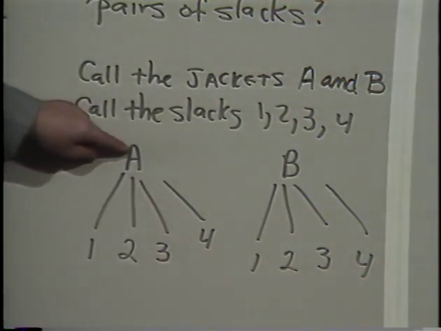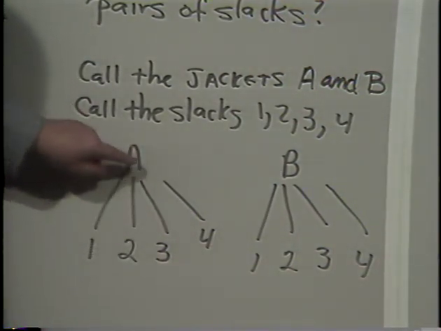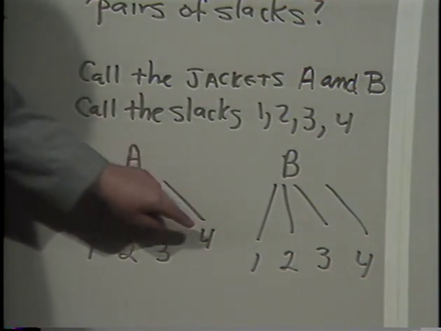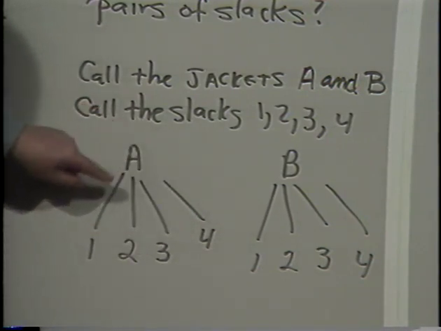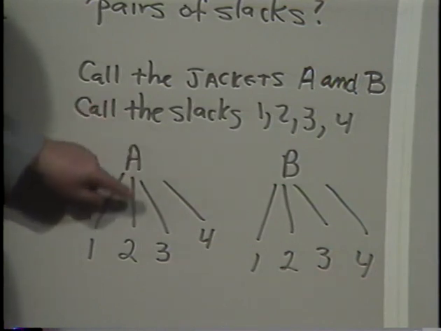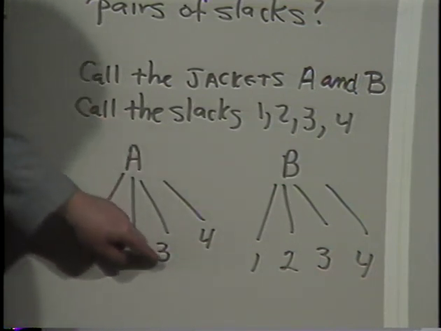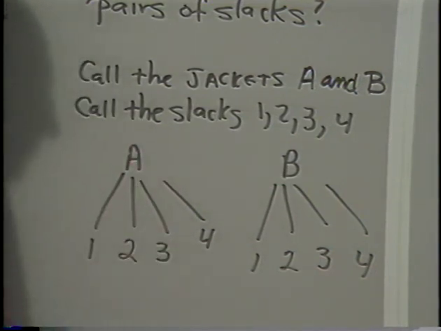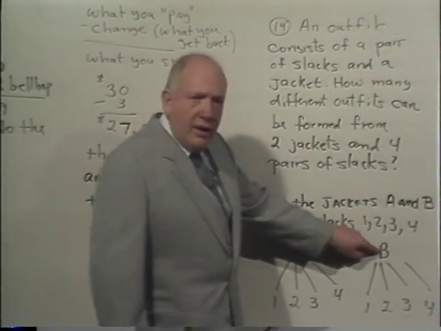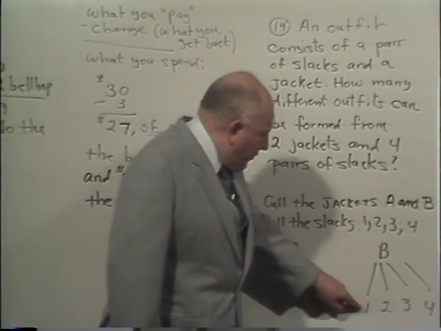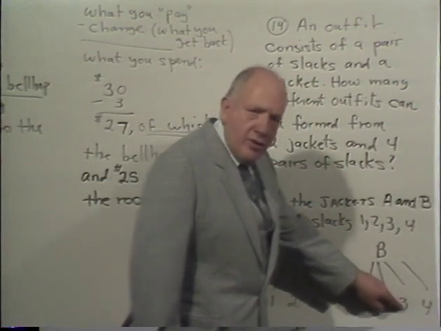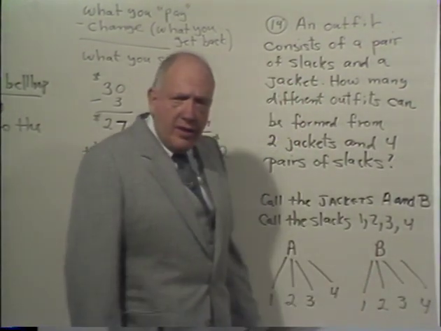Do you see how to read these? A1, A2, A3, A4, right? The first jacket with the first pair of pants, first jacket with the second pair of pants, first jacket with the third pair of pants, first jacket with the fourth pair of pants. He could have also picked what? The second jacket and paired that with the first pair of pants, second pair of pants, third and fourth. You see the 8 combinations here?